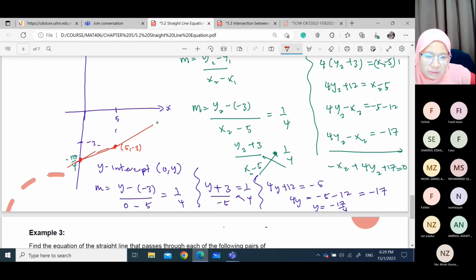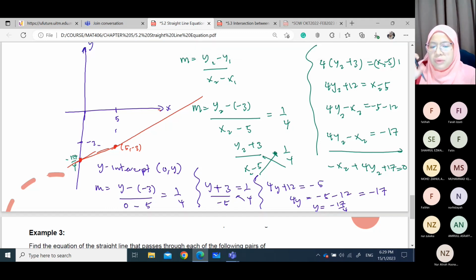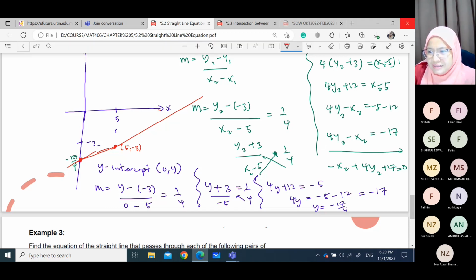But the equation dia based on the equation kan. Right, so kecerunan yang ini adalah 1 over 4. So the gradient is about 1 over 4. Okay, and the y-intercept here is negative 17 over 4. Jelas ya?